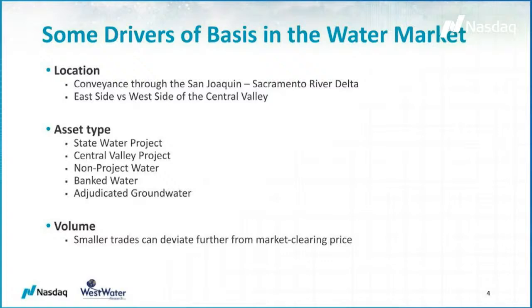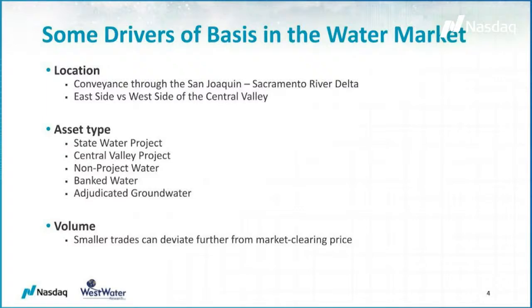As a couple of quick examples, when we look at the surface water market, and particularly the State Water Project system, where the San Joaquin-Sacramento River Delta plays a very important role in the conveyance of physical water, what we tend to think about with those trades is the location of buyer and seller with respect to the delta. One particular type of transaction that is of concern to us is when we see a seller of water located north of the delta and a buyer located south of the delta.